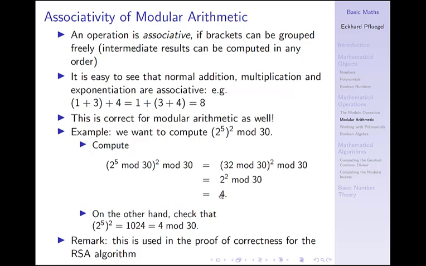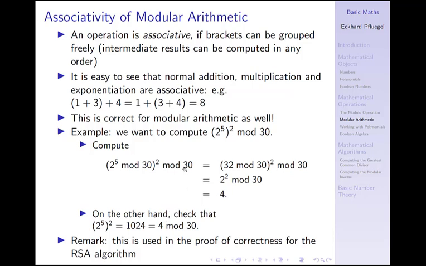On the other hand, if you did the brute force method and actually computed 2 to the power 5 squared, you come out with 1024. And then to reduce 1024 mod 30, of course you can do it, but you need to think a little bit, and you will see that it's also 4. So we haven't made a mistake.